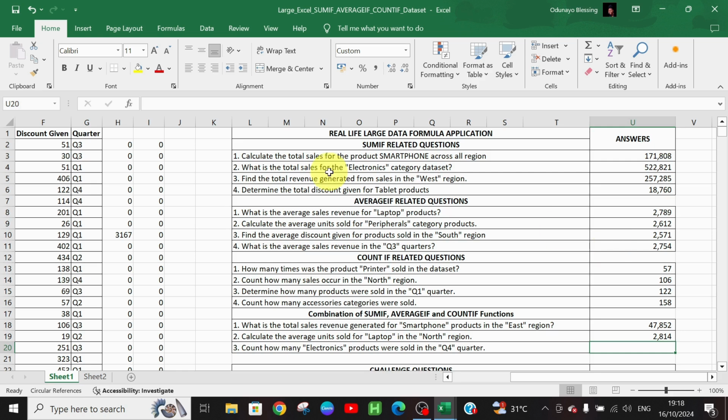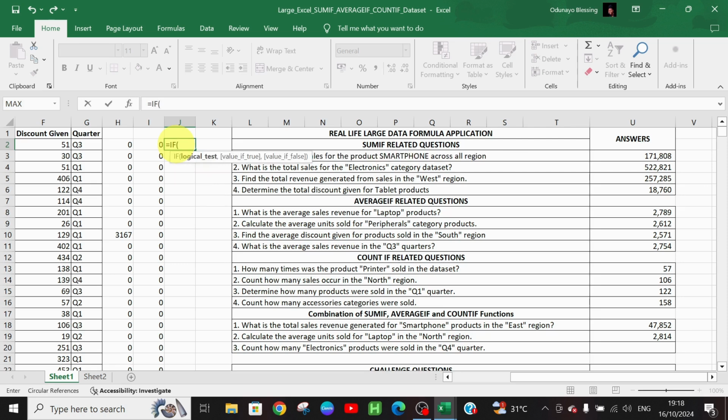Now, for this third one, we're also talking about counting how many electronics products were sold in quarter 4. Remember that for us to count the number of electronics that were sold in quarter 4, you can't just use COUNTIF immediately because it's more than one condition. So first create a table from this table here. We use the IF and AND function.